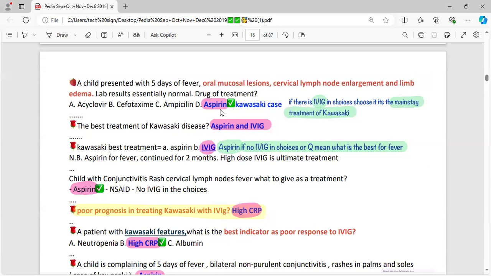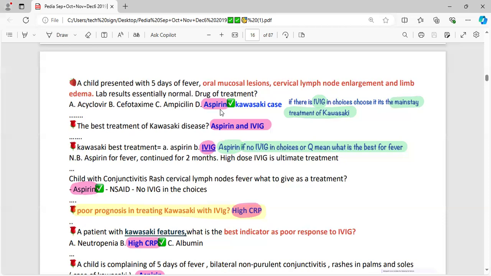And if they ask you in any scenario of Kawasaki disease what is the definitive treatment, or what is the most appropriate treatment, the most appropriate treatment of Kawasaki disease would be IV immunoglobulin.